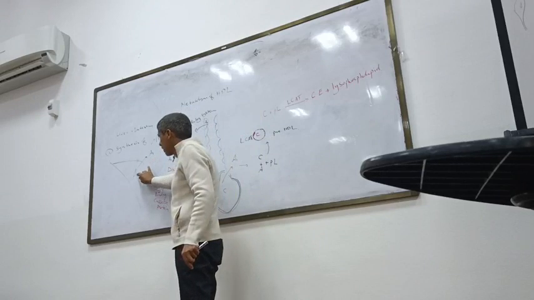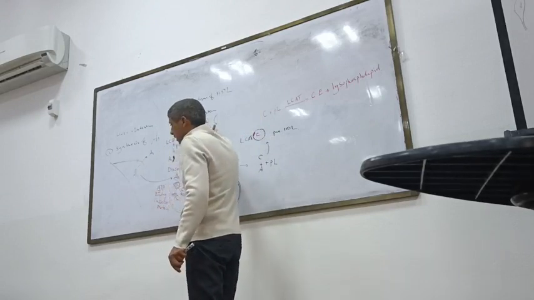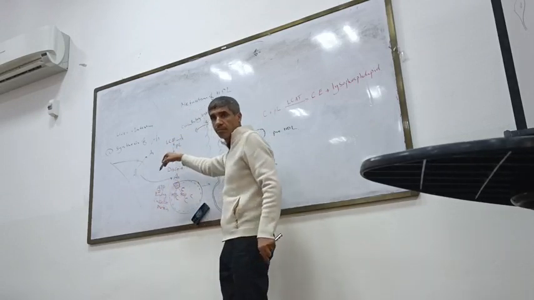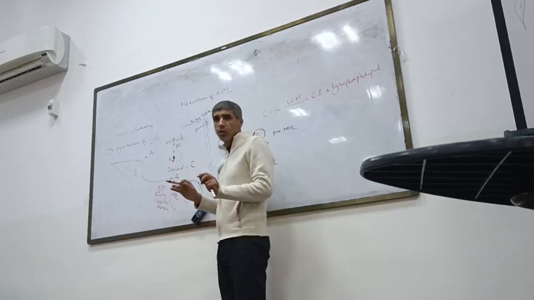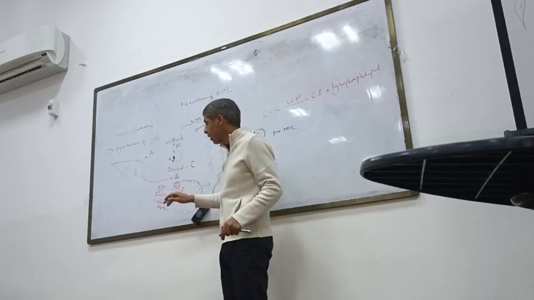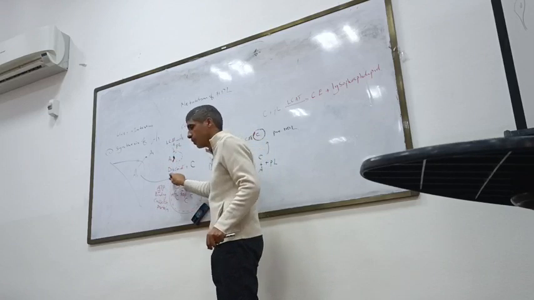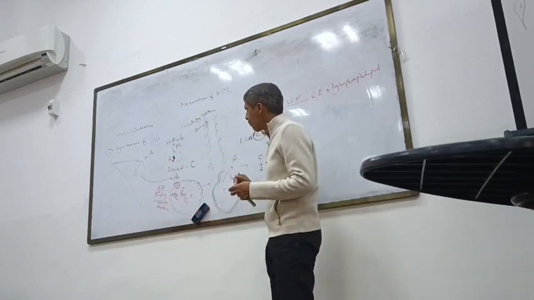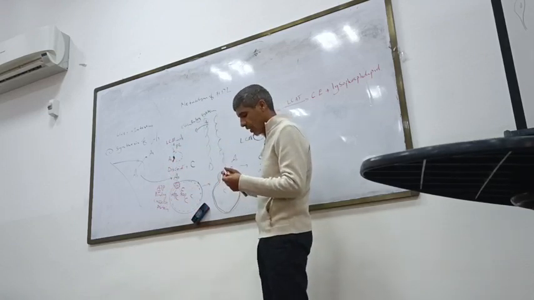So again, the synthesis of high density lipoprotein starts in the liver and intestine. Hypolipidated A1, with no lipid. There is a receptor in peripheral tissues.